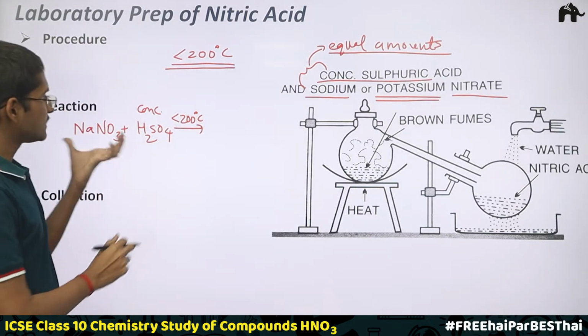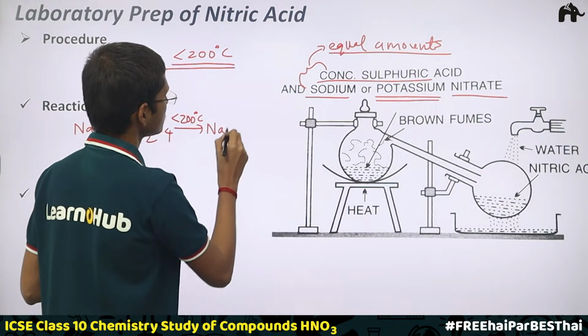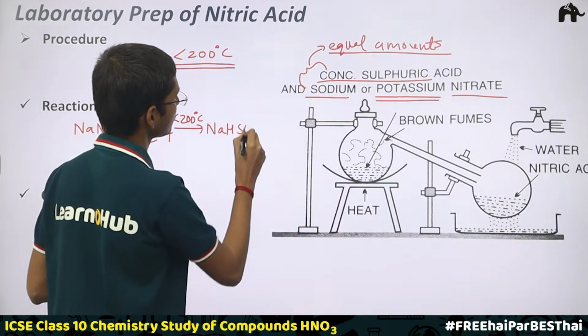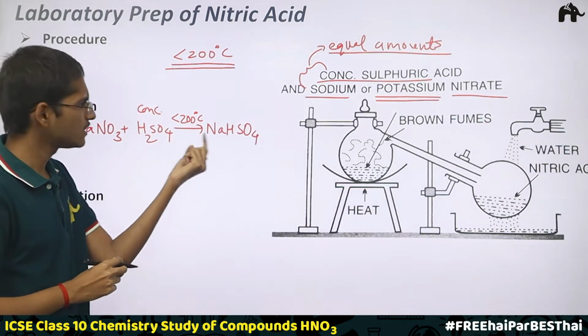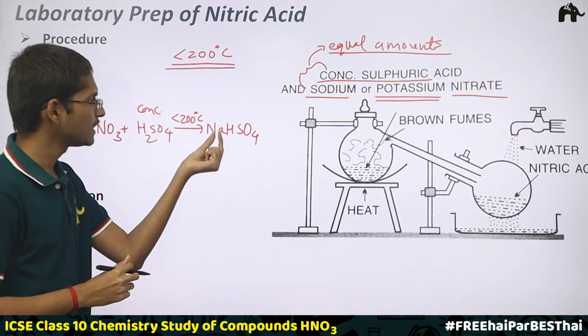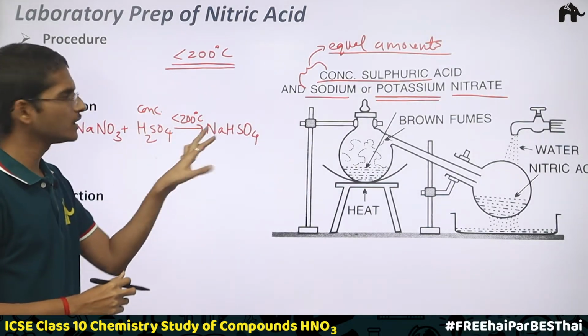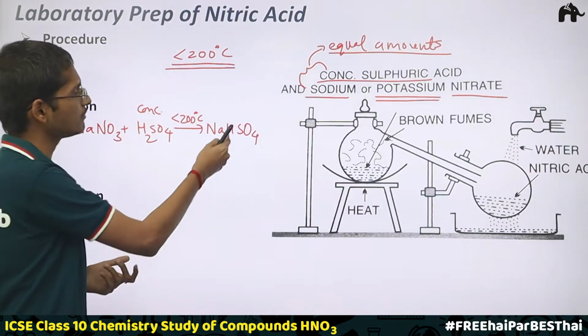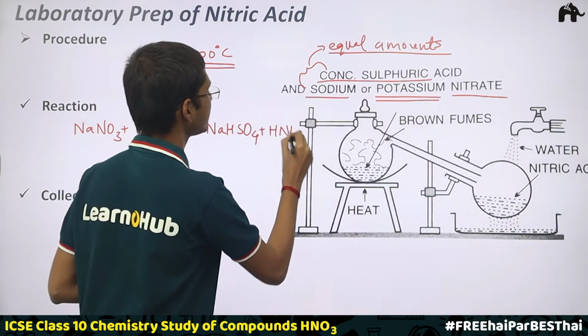After they react, I would get sodium hydrogen sulfate, which we can also call sodium bisulfate. Wherever there is hydrogen before the sulfate or carbonate group, you can call it bi. So sodium bisulfate, and most importantly, our nitric acid.